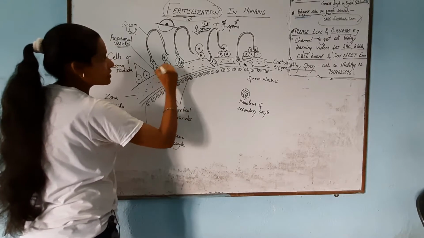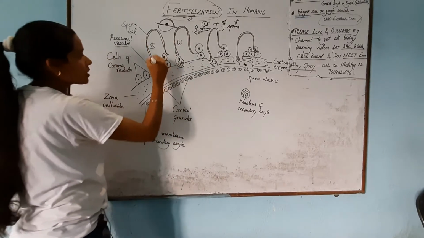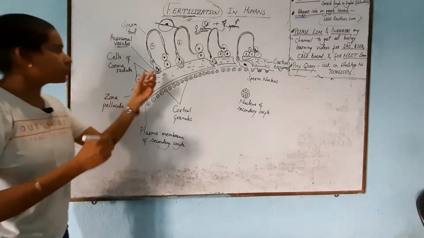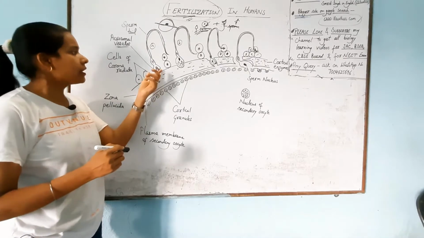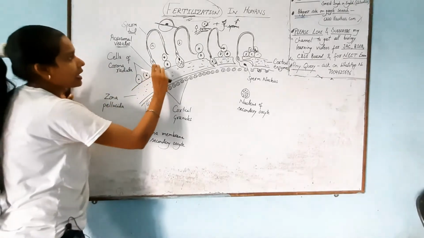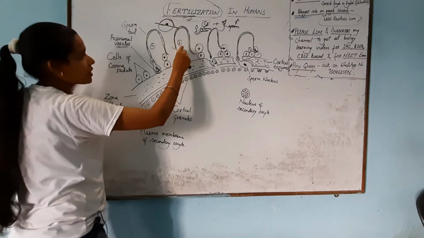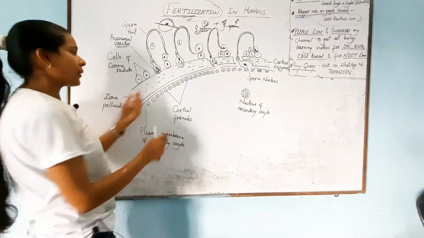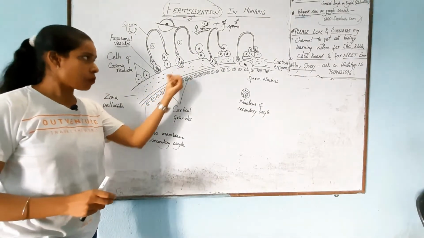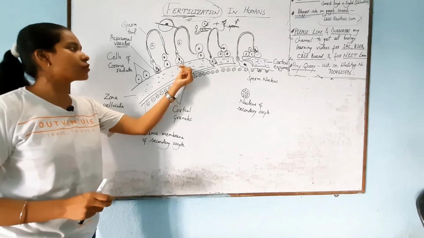So you just see step by step. This is step 1, step B. Step 1 shows the touching of the layers. The next step is penetrating the wall of the ovum with the help of acrosomal fluid.